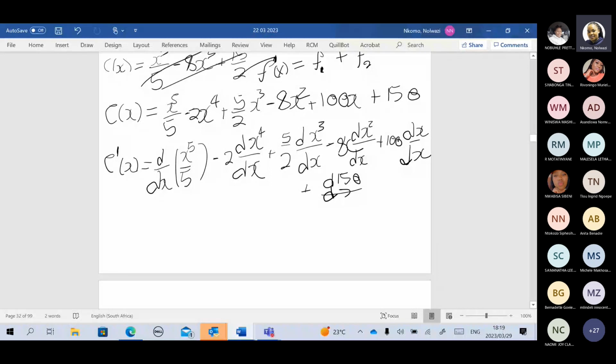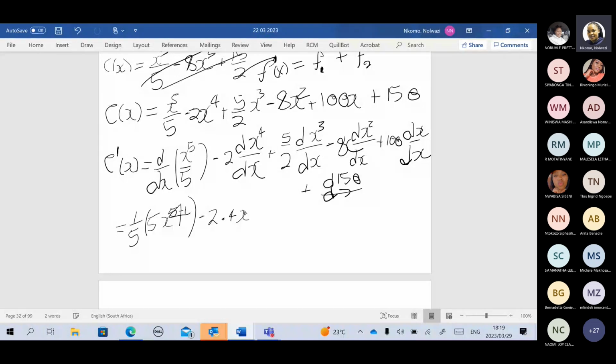You take 5 down, you multiply with it, then you minus 1 from 5. So we have 5 minus 1, which is just 4, right? Again, you have minus 2 times, you take 4 down, you subtract 1 from 4.